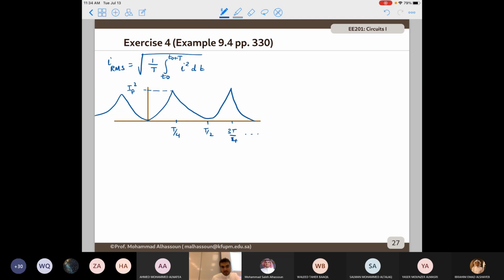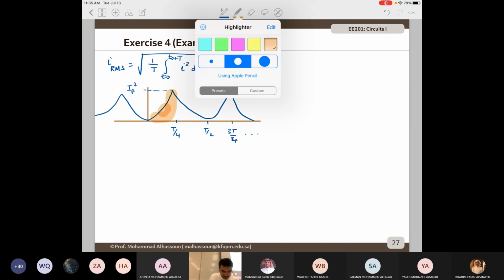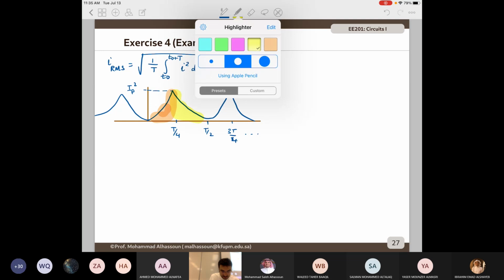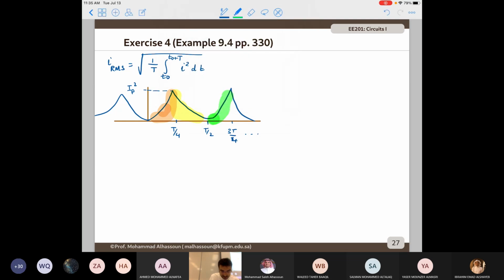So the integration is actually the area under this curve. I'm taking the square of this one, so the integral is the area under that curve from 0 to T. You can see that this area is exactly the same as that area, and exactly the same as this area, and this area.